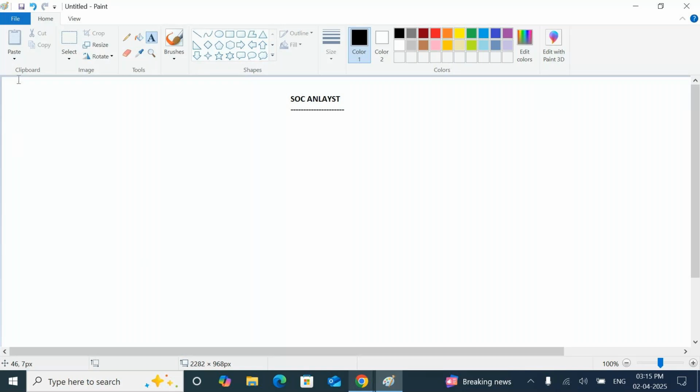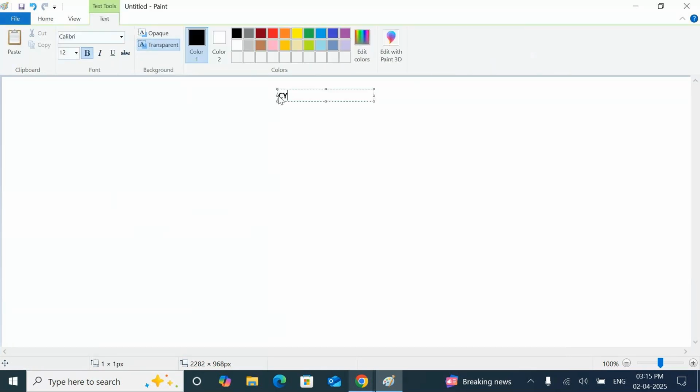First of all, we'll start with the word cybersecurity. What does it mean? Cybersecurity is not a software. It is not a tool. It is not something talking about a technology.